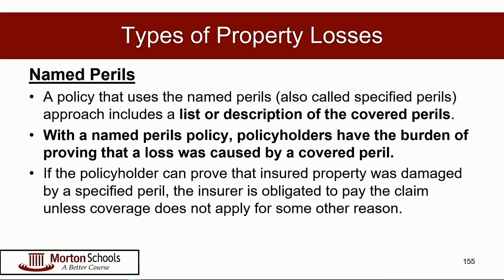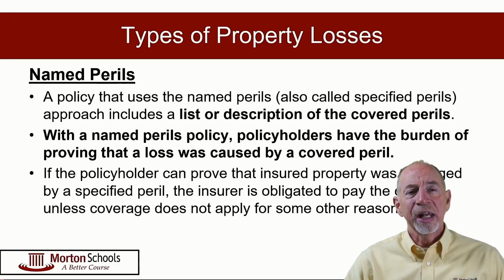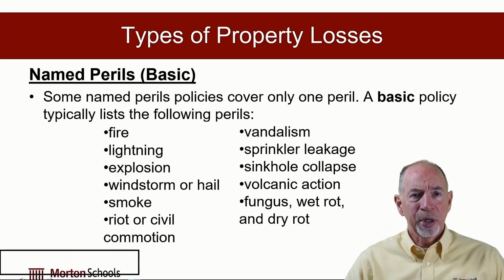In other words, if the policy owner can prove that the insured property was damaged by a specified peril, then the insurance company is obligated to pay the claim. But an important point here, like I said, is who has the burden. And in this case, with named perils, it is the policy owner that has the burden. Now, what items are on the list? Well, let's take a look at a list of some typical items that are on the named peril list.